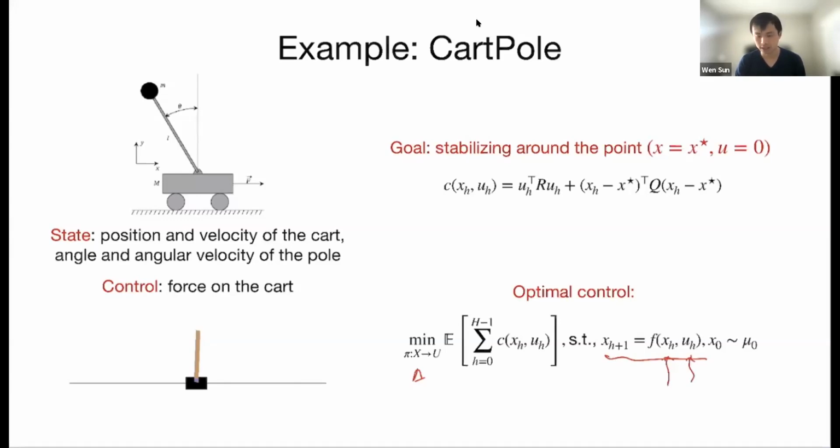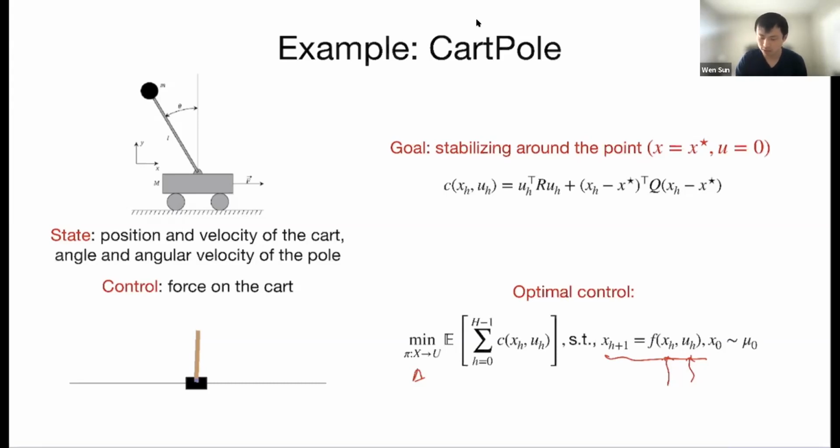Right? Someone asked whether Q and R can be semi-definite. They can. It really depends on you, the designer of the cost function, right? If you believe that there's some dimension that doesn't really matter, you don't have to penalize that dimension, okay?